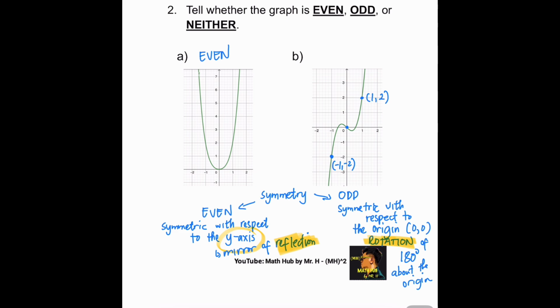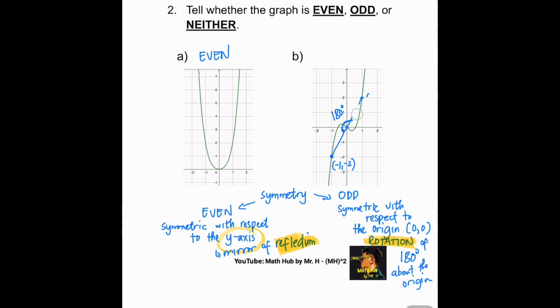As you can see here, applying the concept of rotation, it's like a rotation of 180 degrees about the origin. It's going to form a straight angle, so 180 degrees. So basically there's a rotation of 180 degrees about the origin that took place.